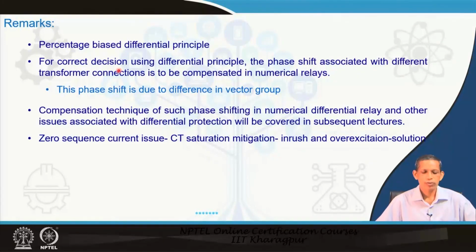For correct decisions using the differential principle, the phase shifting perspective has to be addressed properly for different vector group transformers, that we learned from the examples and phasor diagrams. The compensation techniques will be considered in the next lecture, as I already mentioned. In addition, zero sequence current flows in the star grounded side, not in the delta side, which also has to be addressed, and we will see it in more detail in the next lecture.